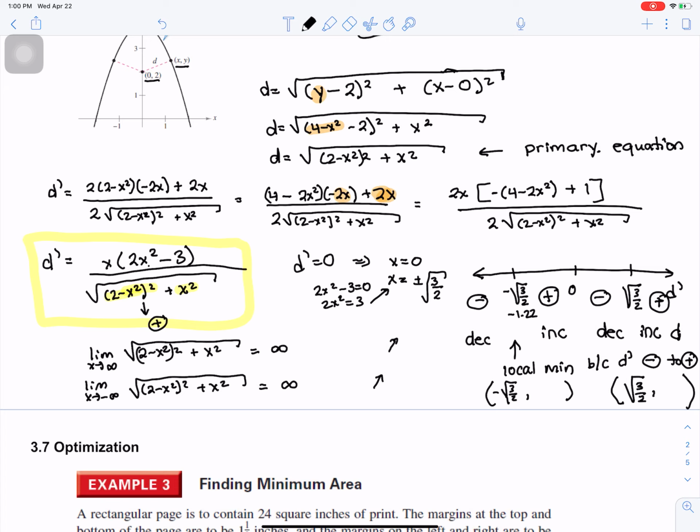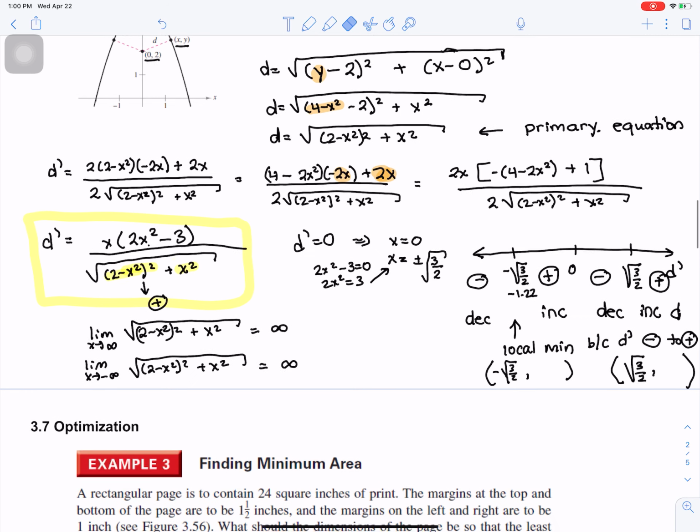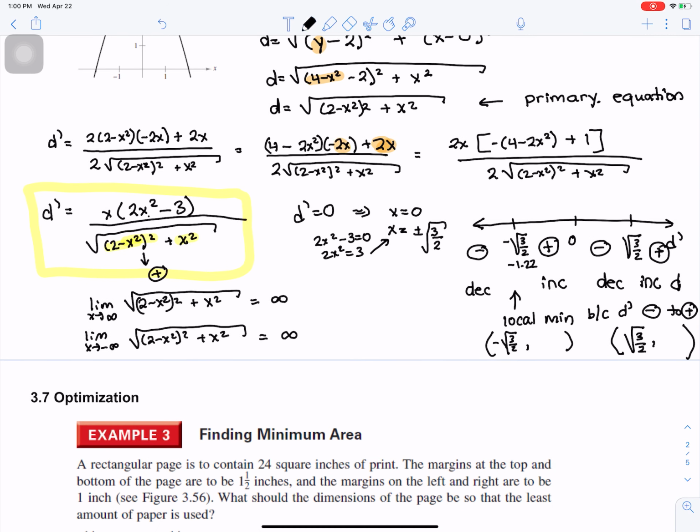So these local mins have to be absolute mins because there are no other critical points and the graph goes to infinity at both ends. So I'm going to say therefore, negative root 3 over 2, we'll find those y coordinates in a minute, and positive root 3 over 2, and that y coordinate will be my absolute min. So therefore, they're the closest points.